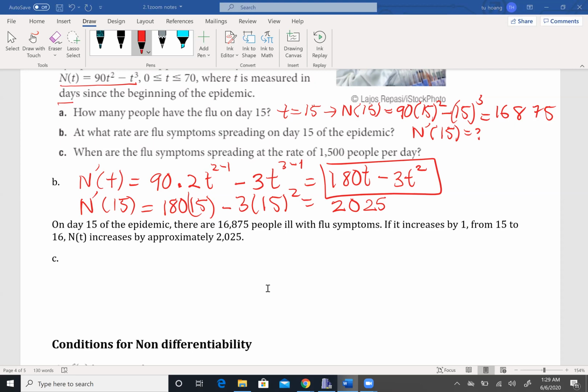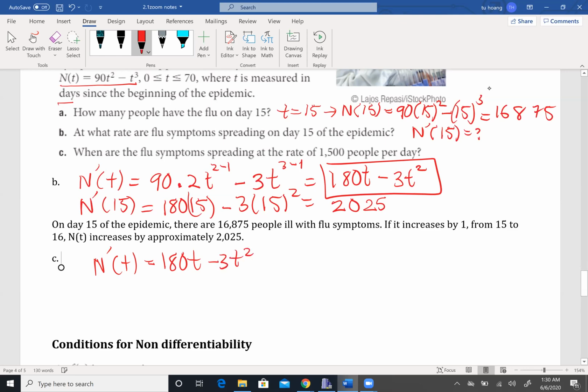So what should I do? I will come back to the general form of the derivative of N(t), which equals 180t minus 3t squared.